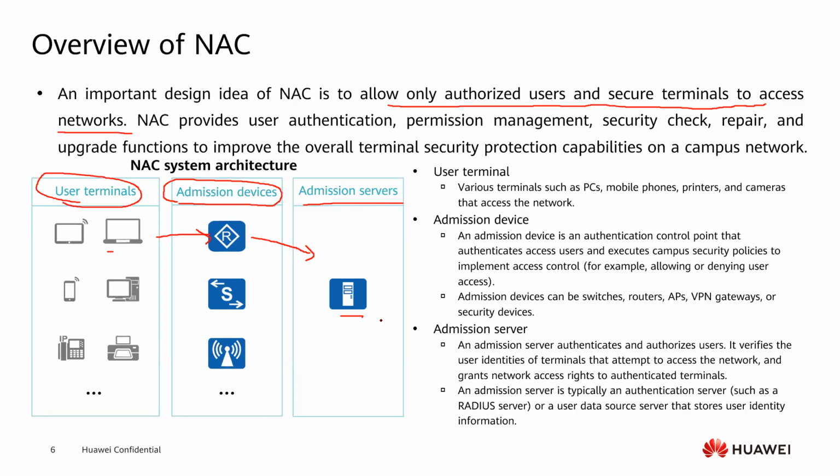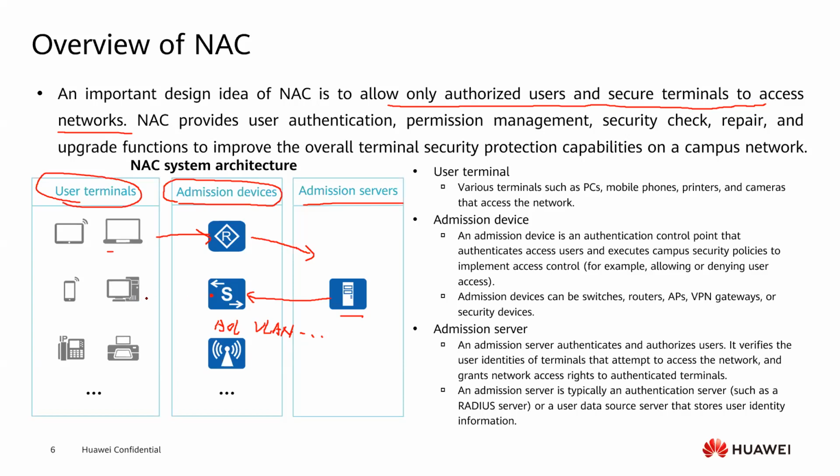If the user is valid, the process succeeds and the server sends authorization information to the admission device, such as ACL and VLAN, and others such as UCL groups and some other authorization information.